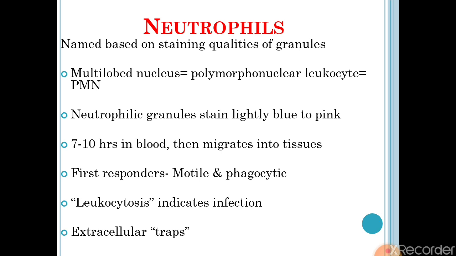Neutrophils are the first responders because of their motility and their phagocytic nature. Leukocytosis, that is an increase in the number of leukocytes, indicates infection. Neutrophils also form extracellular traps.